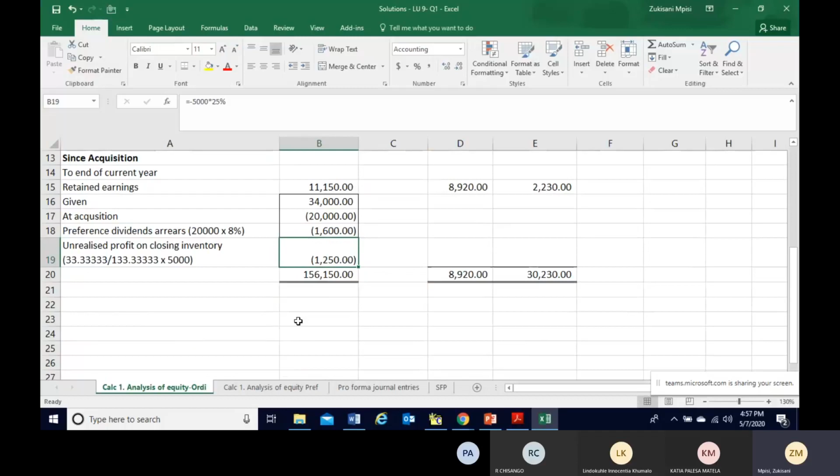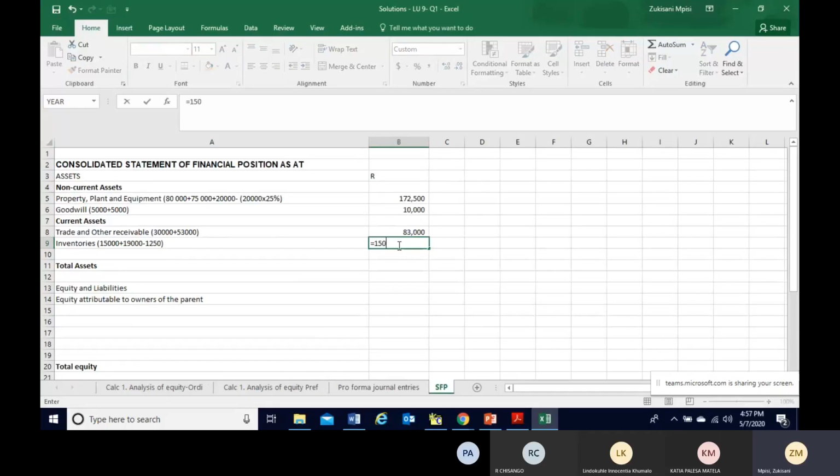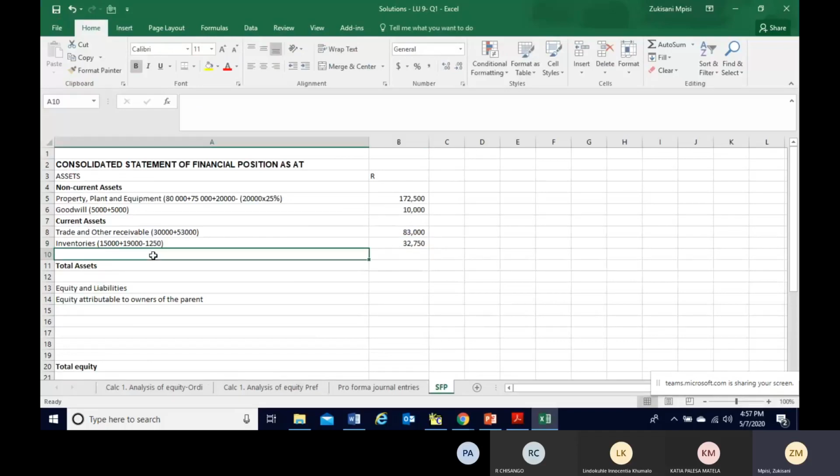Remember, we've made that unrealized profit of 1,250. Therefore, we have to deduct it here as well. So it becomes 15,000 plus 19,000 minus 1,250, which gives you 32,750 for cash and cash equivalents.